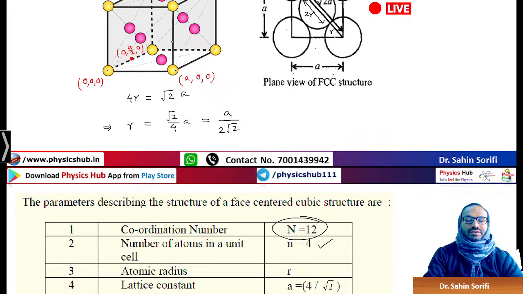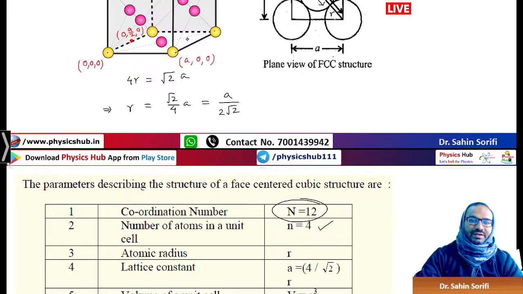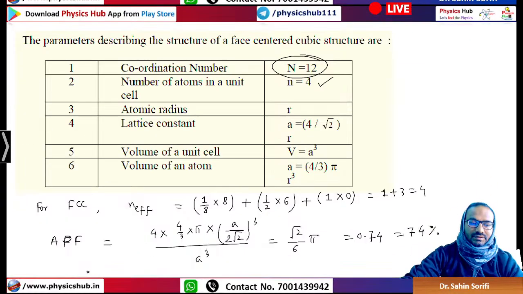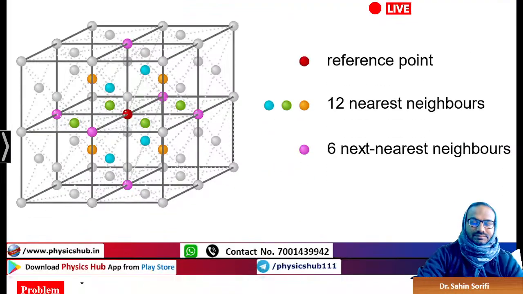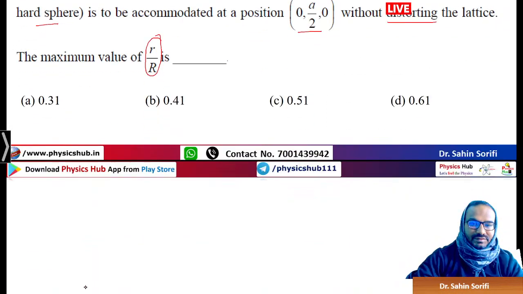Now if I show you this one line, what is this coordinate? 0 a 0, right? So we have a situation like this. Let's say these two atoms are situated at the cube edge.